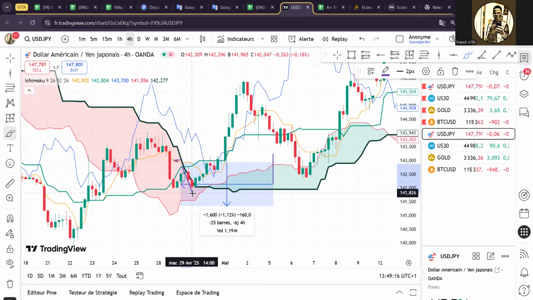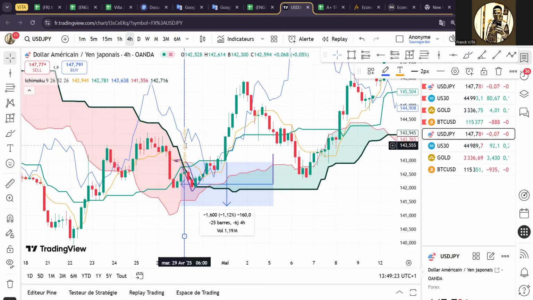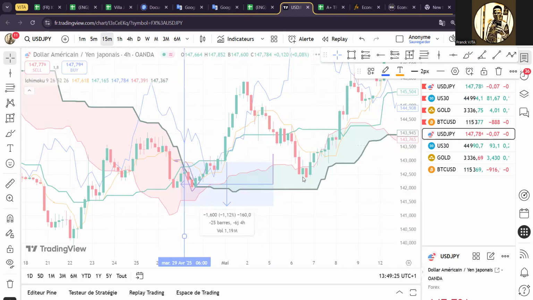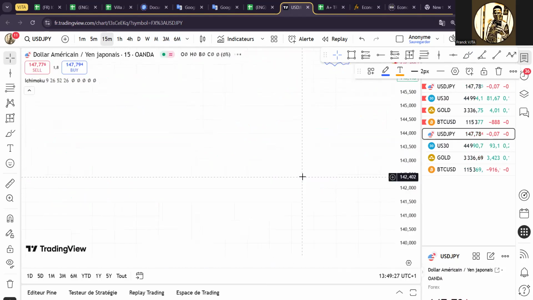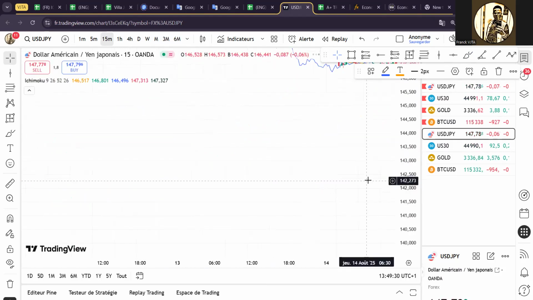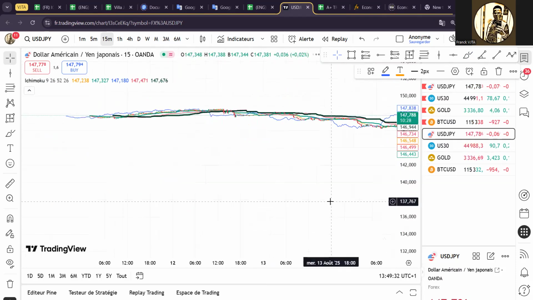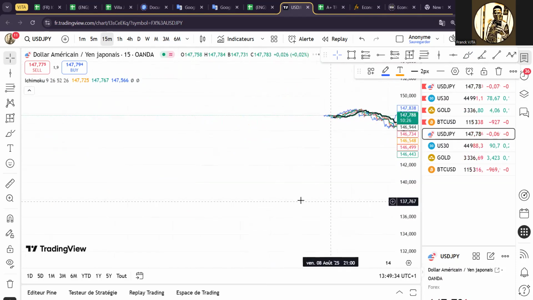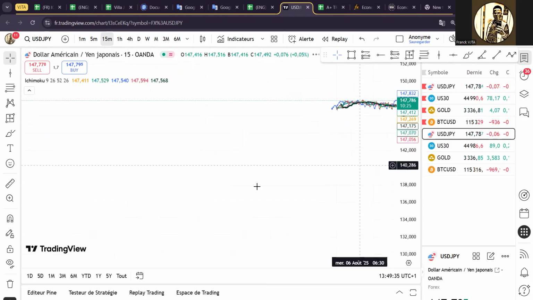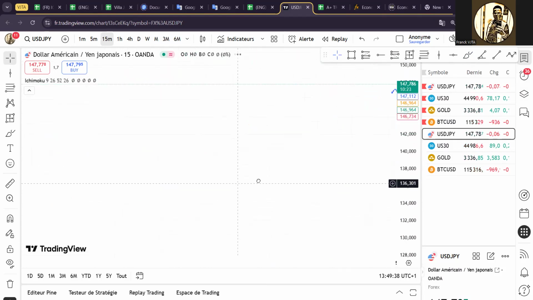So it created a pullback down, then go up. So this pullback down, you could have went on 15 minutes, have a place where you can sell, or let us say if you have been a good option to sell there and have some people to swallow.